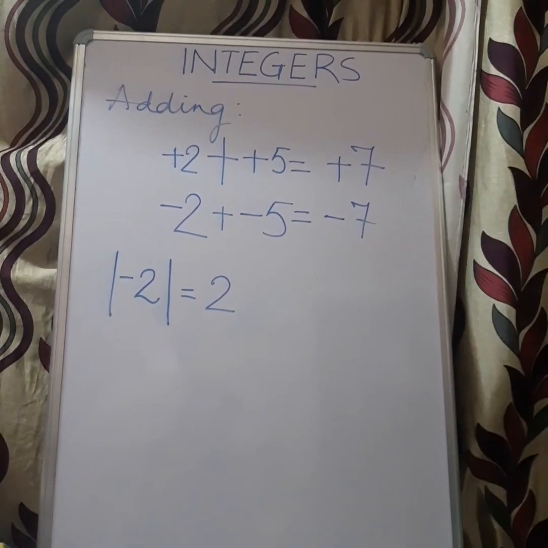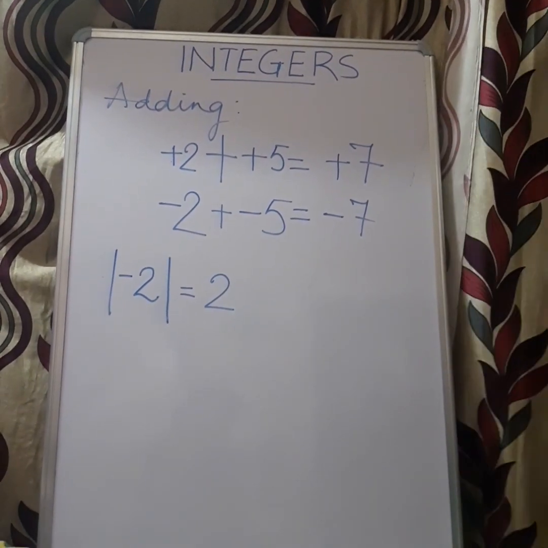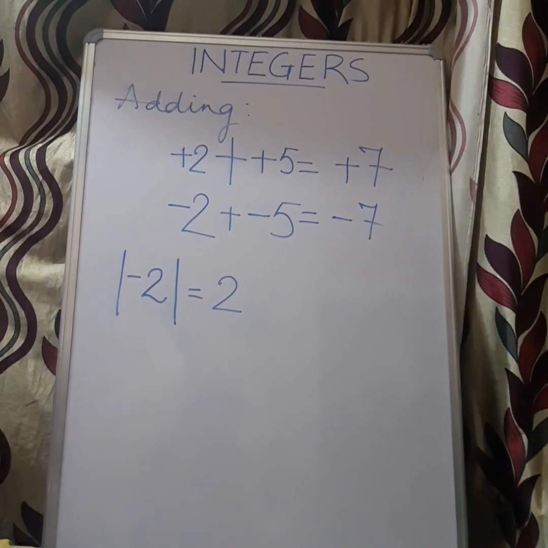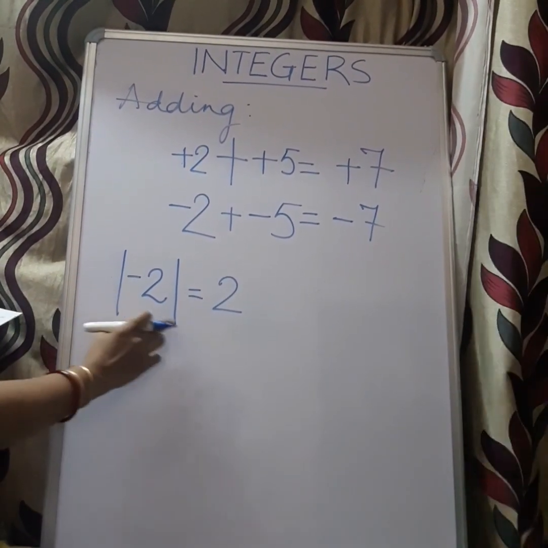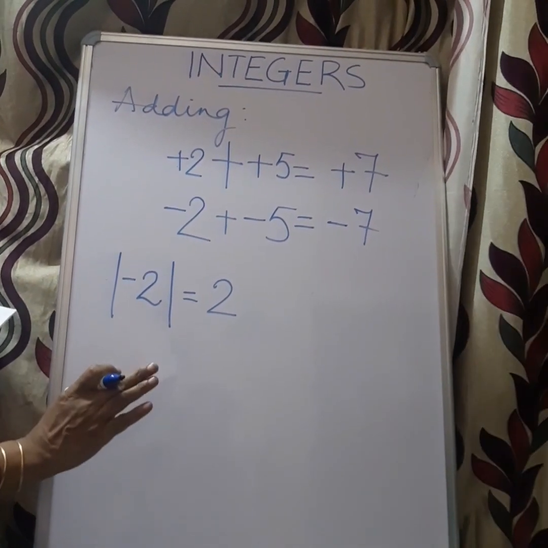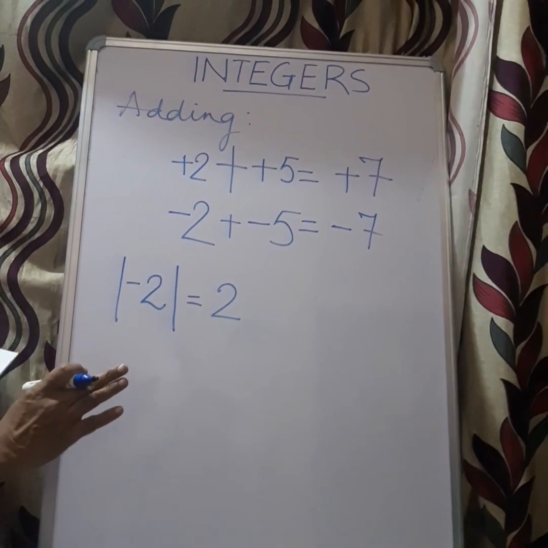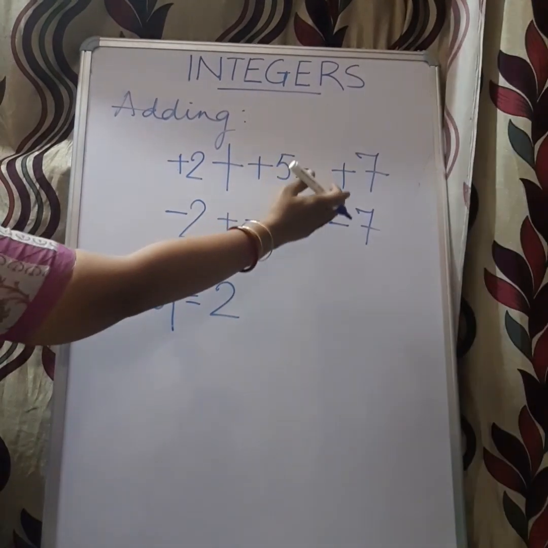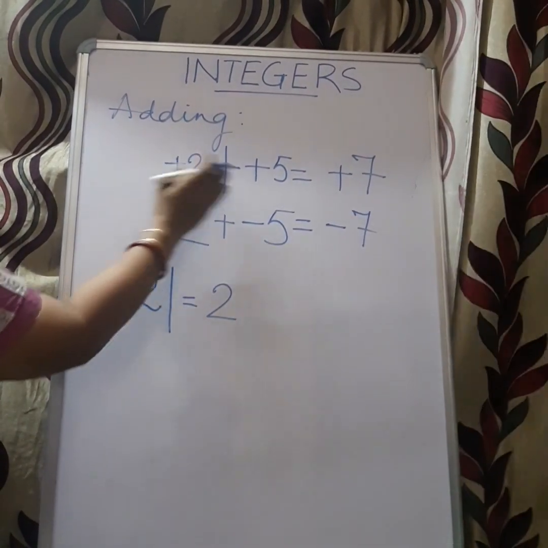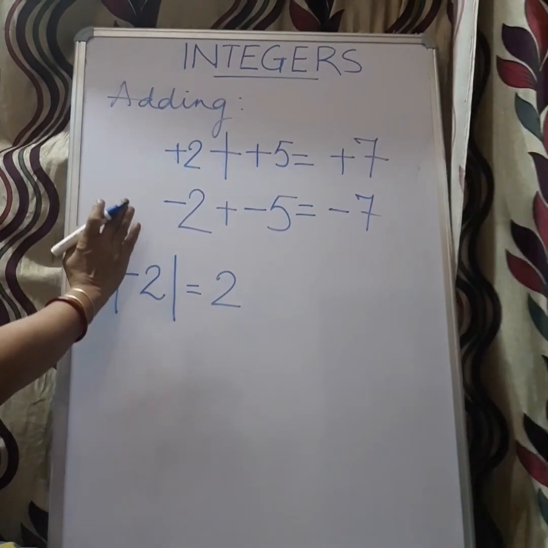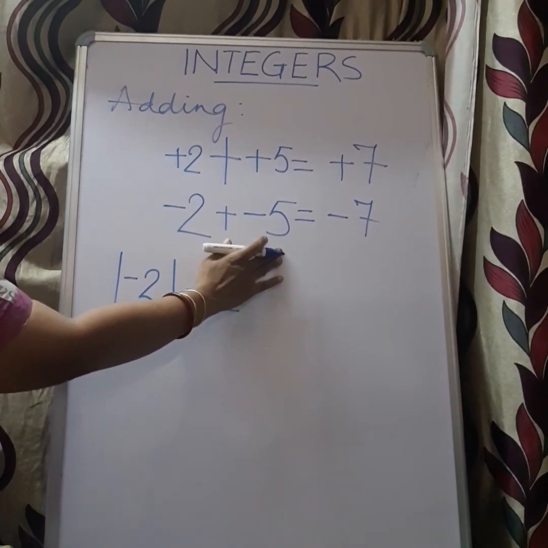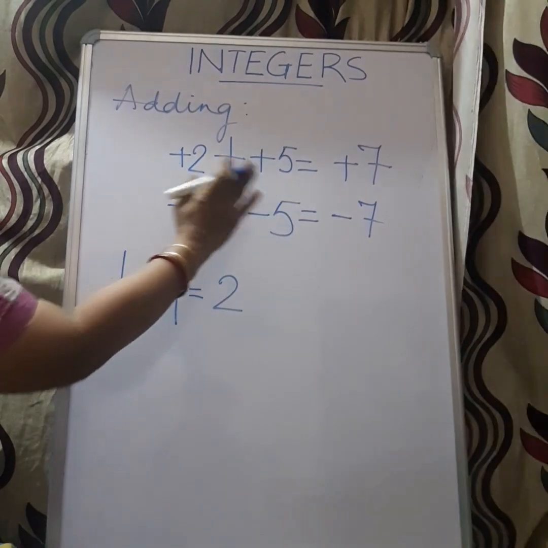Absolute value of an integer is its numerical value with no regard to its sign, and these two vertical bars indicate the absolute value. For adding the integers, we add the absolute values. That means we don't add the sign first. We just add the absolute value of the numbers and then put the sign.